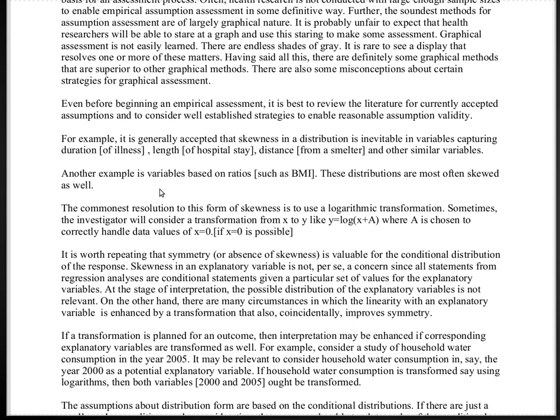Another one is where the variables are already ratios. One of the more classic examples is the body mass index, or BMI. It is often well known from the literature that the body mass index as an outcome variable is not going to be symmetrical, and something's going to need to be done.